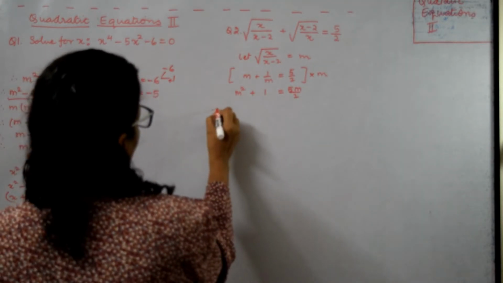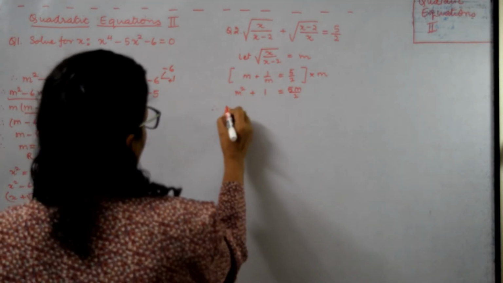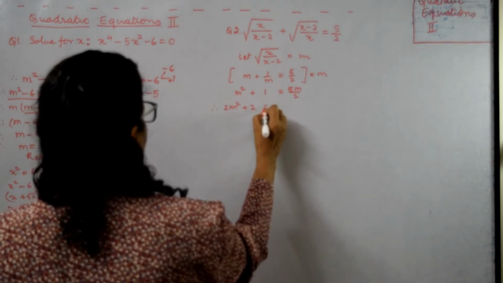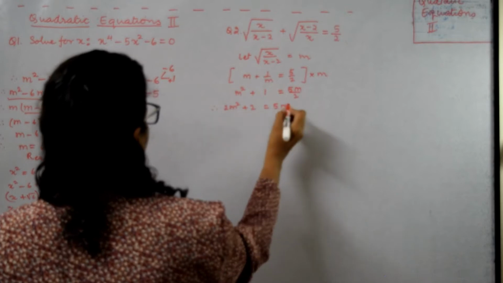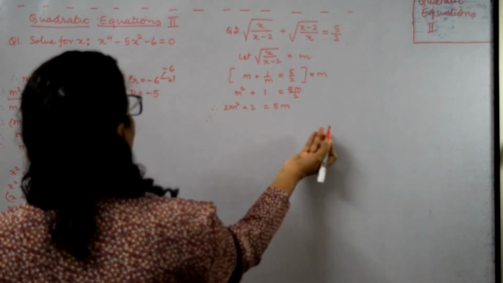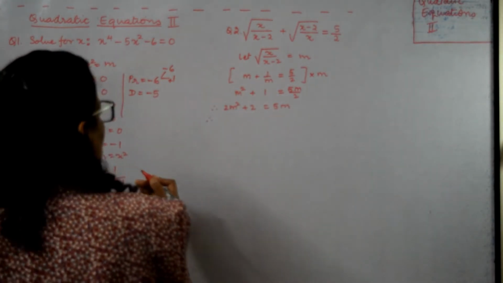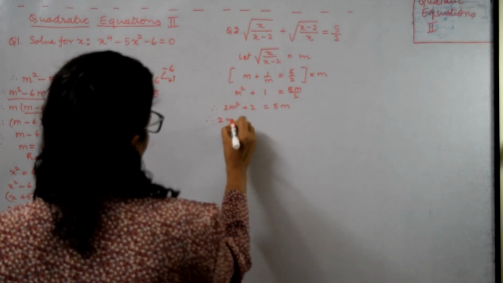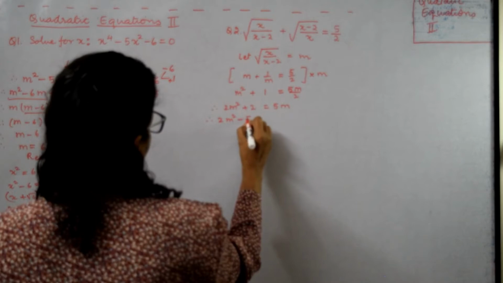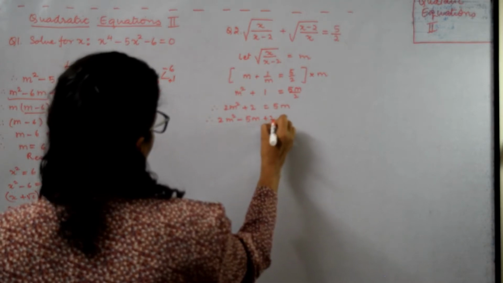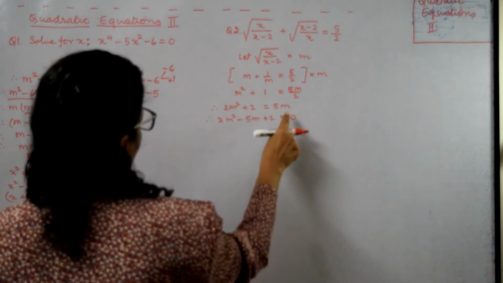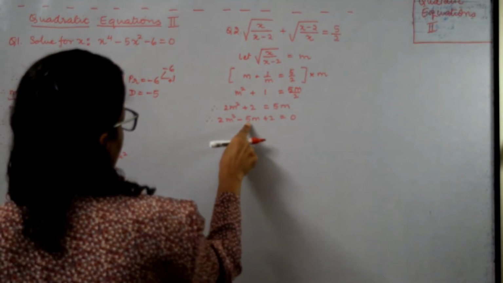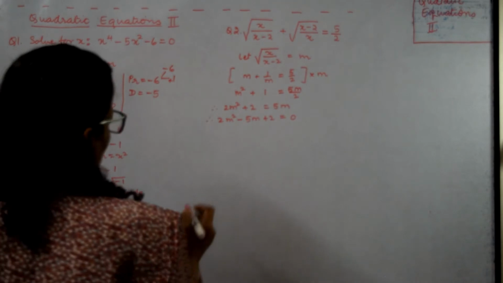Now we will have to cross multiply, so you will get 2m squared plus 2 is equal to 5m, and then we will bring all the terms to one side, and have the other side becoming 0. So you'll have 2m squared minus 5m plus 2 equal to 0. I made sure that when 5m came this side, it was in the descending order of the powers.